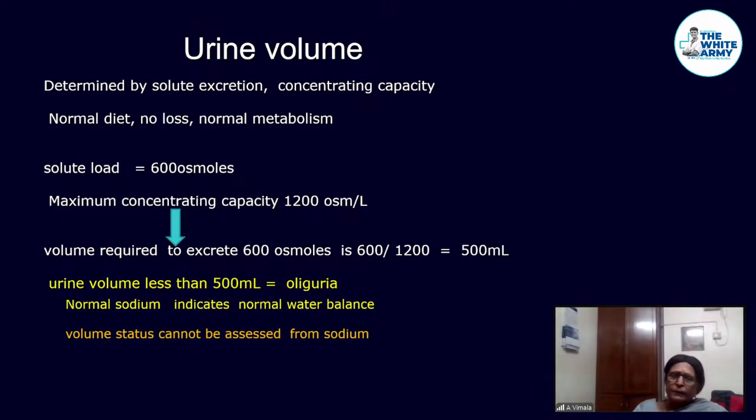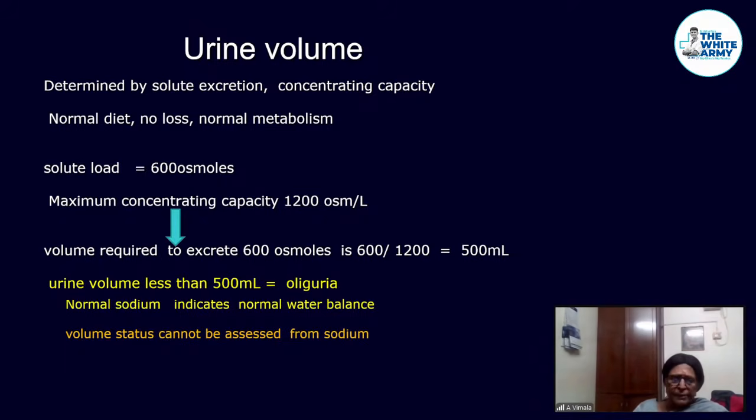The kidney can concentrate up to 1200 osmoles per liter. That is, 1 liter can contain 1200. But normal physiology generates only 600, and to excrete the 600, we need only 500 ml. That is, 600 by 1200 is 500. That is why any urine volume less than 500 ml in adults is considered oliguria.